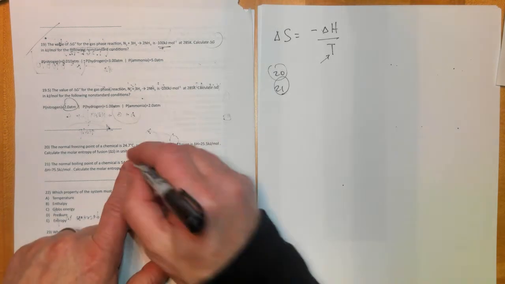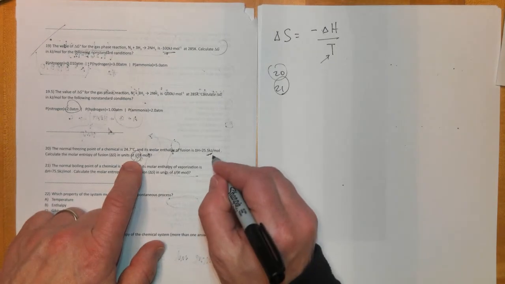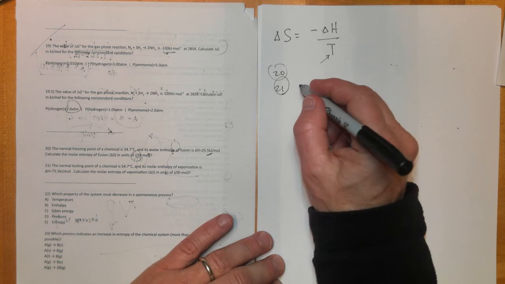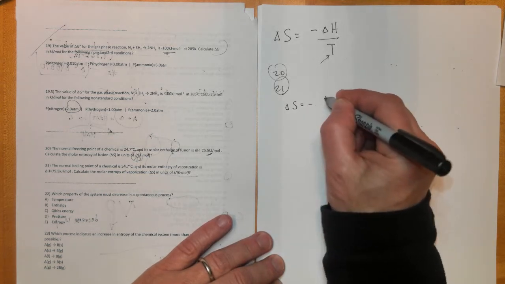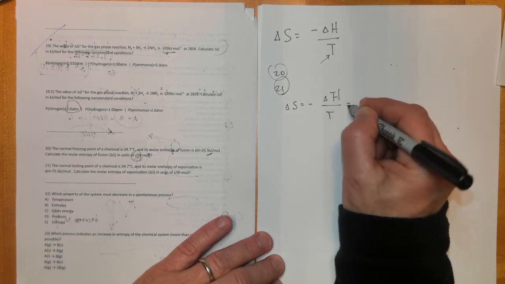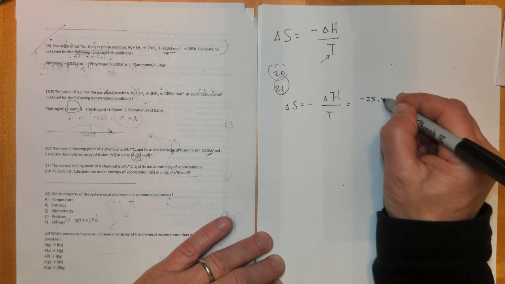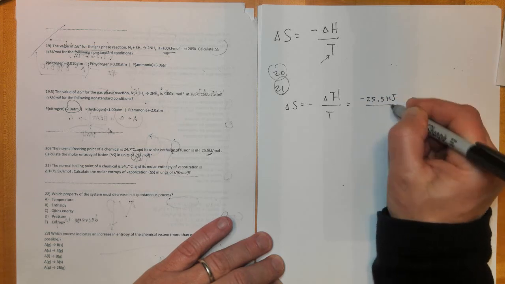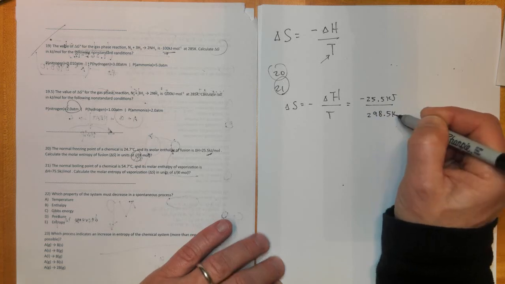It wants the answer in units of joules per Kelvin, so you have to watch out because this is in kilojoules. So for number 20, delta S is equal to negative delta H divided by T, and that's going to equal negative 25.5 kilojoules divided by the Kelvin temperature.